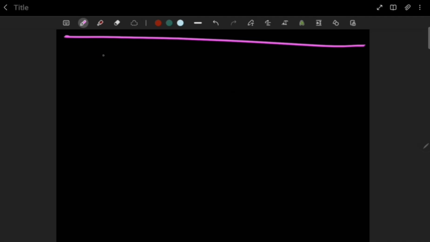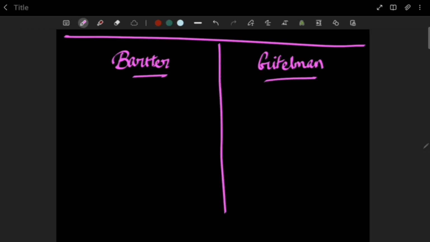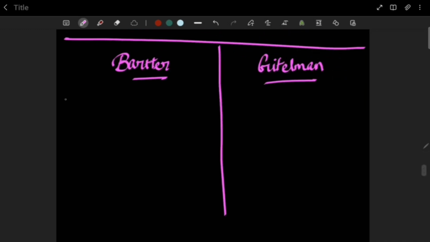So now in the summary, we can differentiate between Bartter and Gitelman. First of all, if we see the salt and water wasting, this is much more in Bartter than Gitelman.